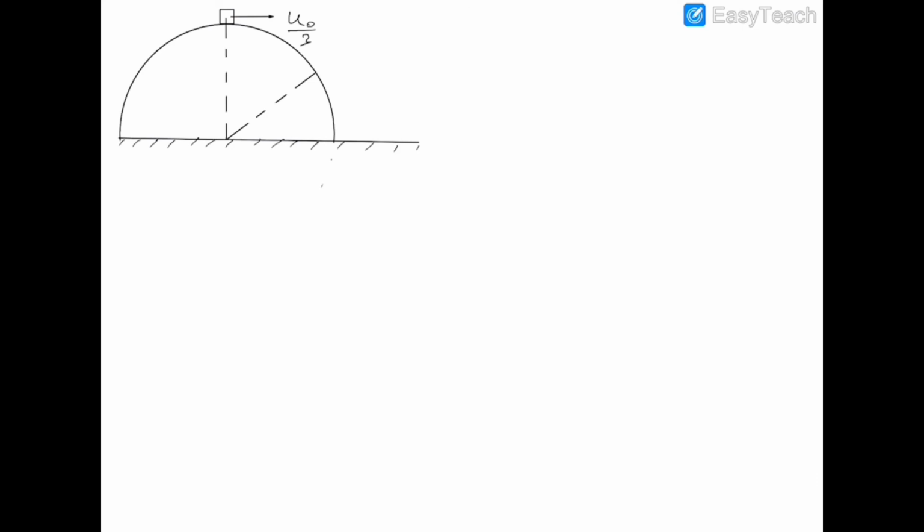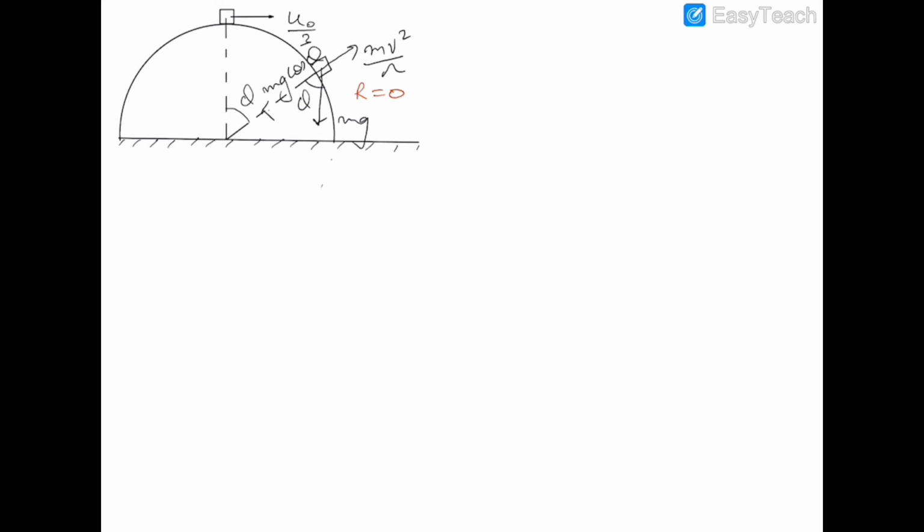So let's suppose at this position, which is inclined at an angle of theta with the vertical, the block breaks off the surface of the hemisphere, which means that the normal reaction in this position will be 0. Therefore this force will be mg cos theta, and a force of m v square by r will be acting on the block in the outward direction, provided that the normal reaction will be 0.